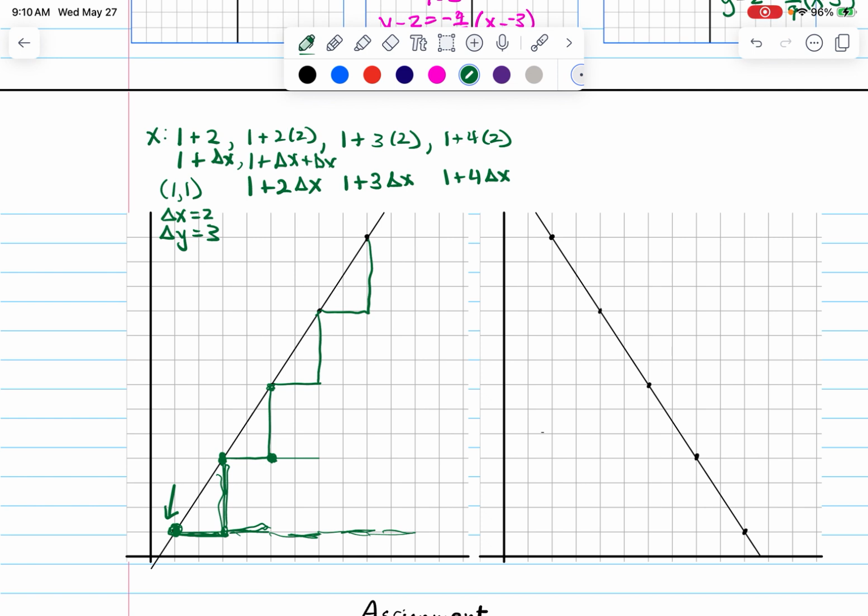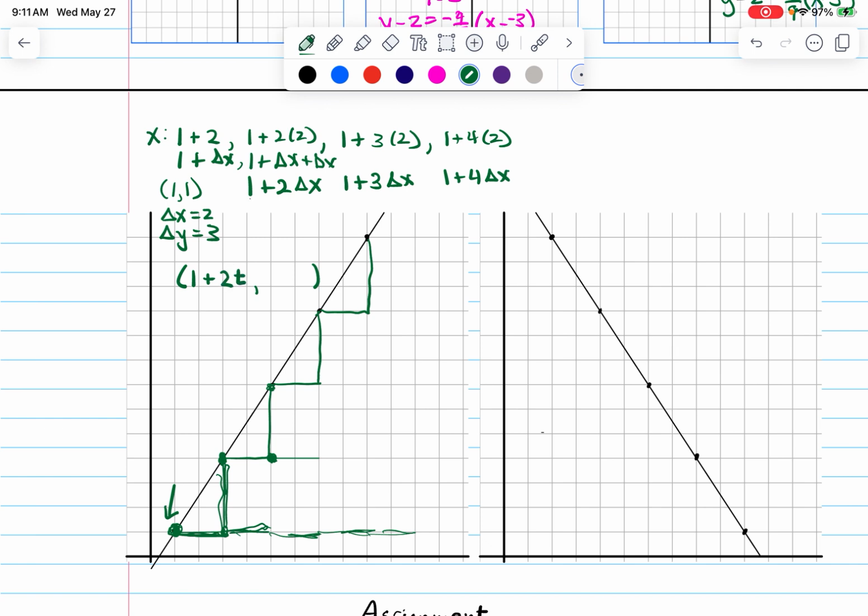And in this case, the delta x is 2. Look what I could say. I could say that if you have an x-coordinate on this line, you're going to start at 1, and you're going to add to it the delta x, which is 2, times some number, which I'll call t.